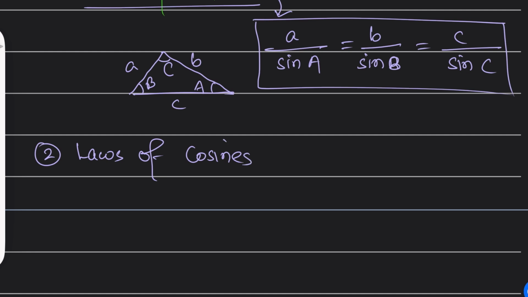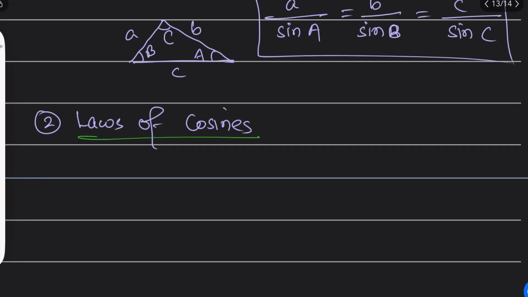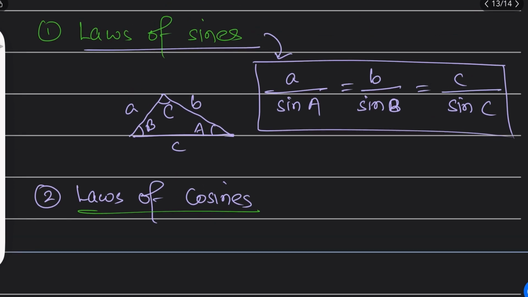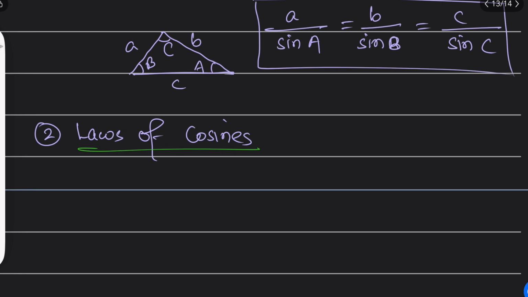Similarly, we can understand the law of cosines, sir. So, how to get the law of cosines, how to understand, sir? Let me explain. Small a, small b, small c are nothing but the sides of the triangle. Capital A, capital B and capital C are the angles corresponding to these sides. Now, if I am talking about the law of cosines, you should keep in mind, if you have the same triangle ABC, what is this rule, sir?